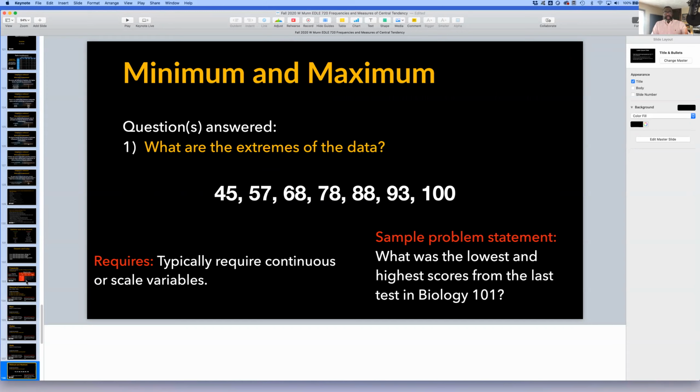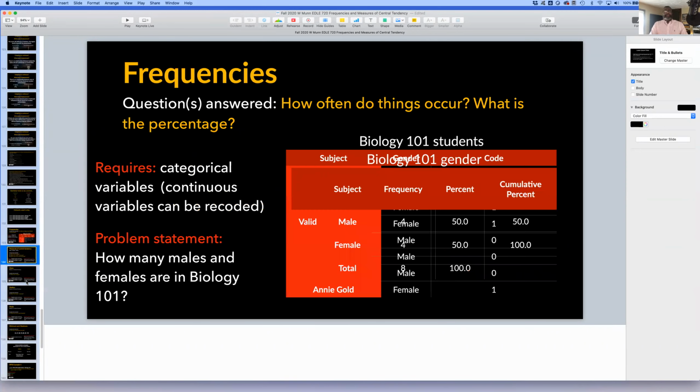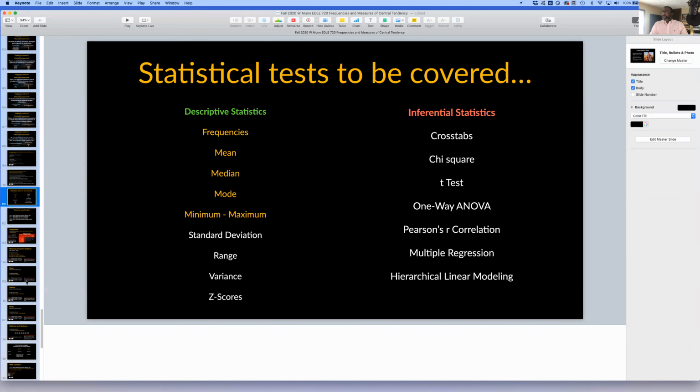We're going to be playing with the data sets, and you'll be able to tell me what the extremes are in these data. We'll be able to describe what the data is telling us from these really simple tests. If anyone's having any issues downloading or using SPSS, holler at me. Happy to work through all of that.